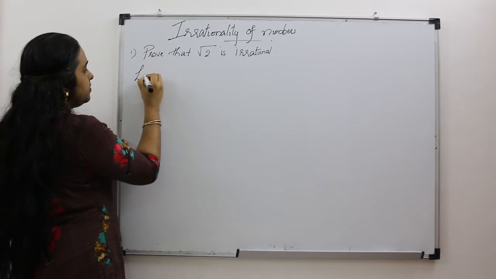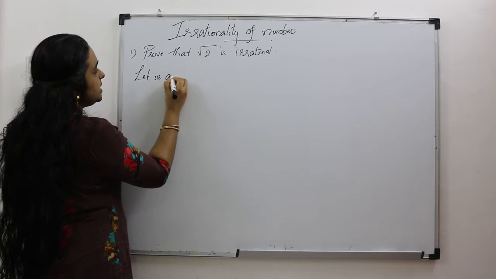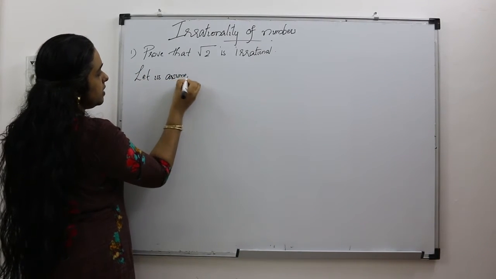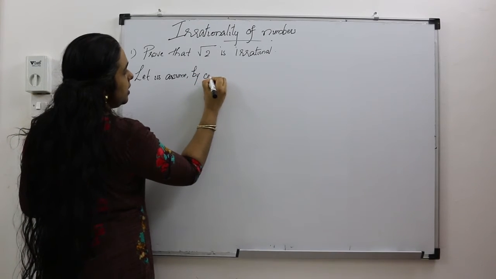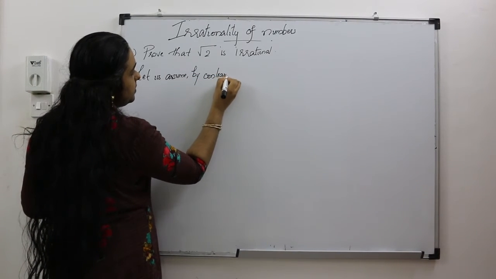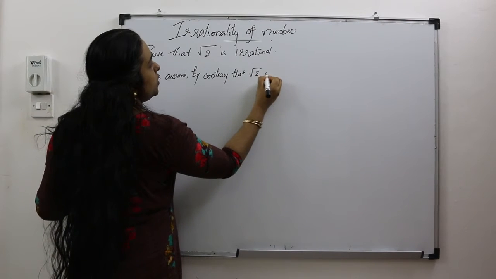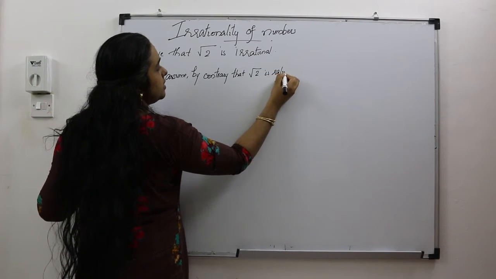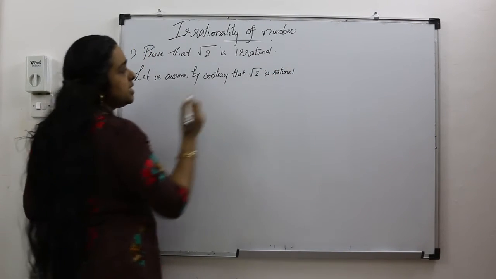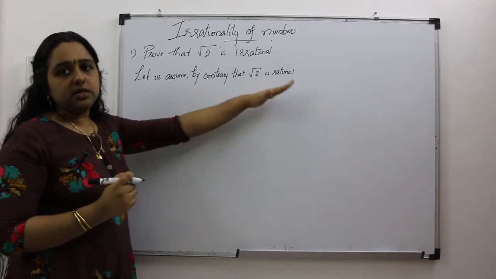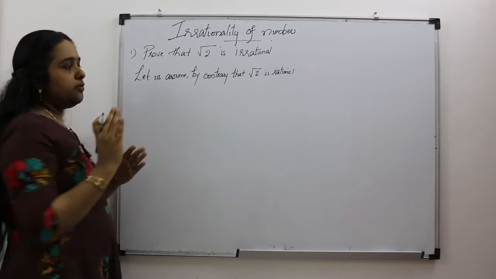Let us assume by contradiction that root 2 is rational. So we are first assuming that root 2 is rational.